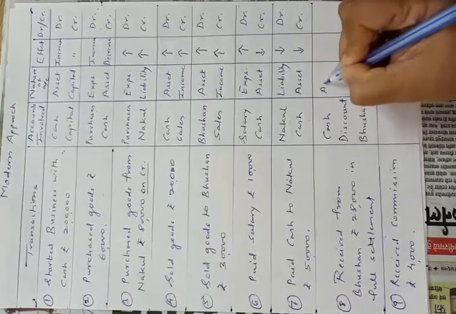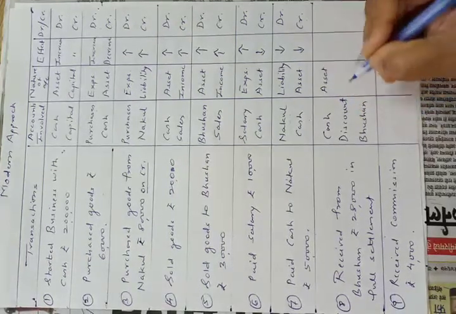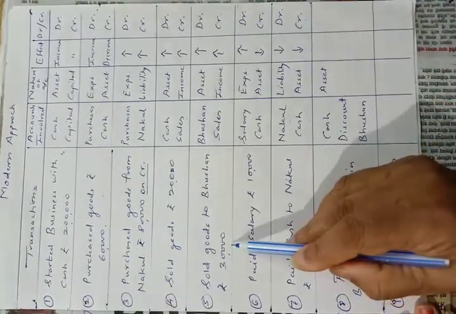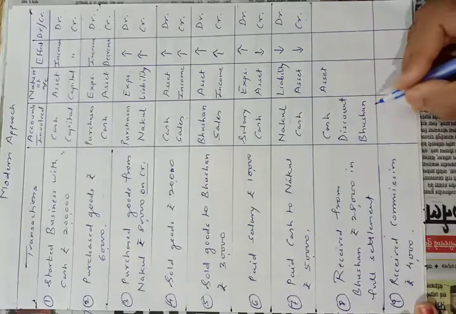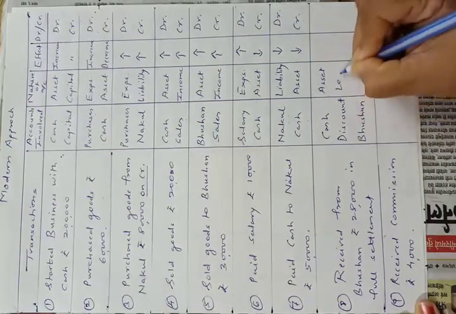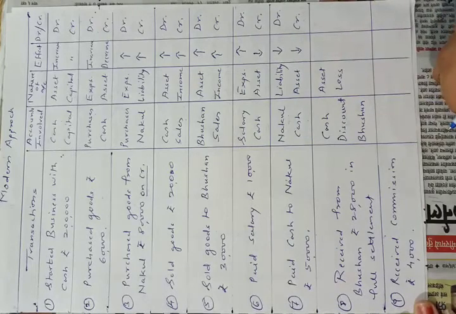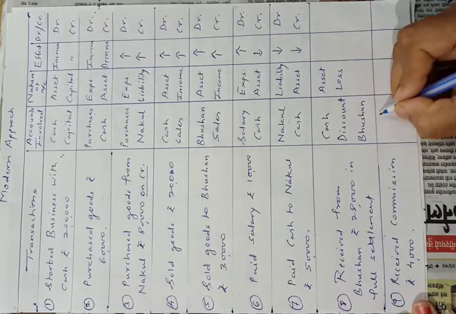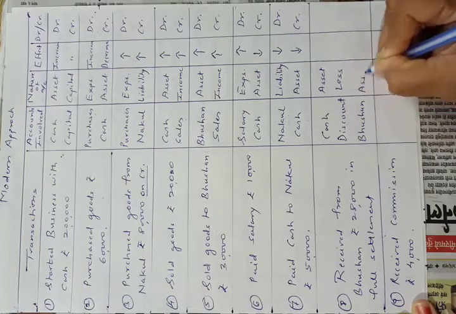Now cash is our asset. Discount: as we are receiving rupees 28,000 only instead of this rupees 30,000, this 2,000 rupees discount given to Bhushan will be our loss. So loss. And now Bhushan was our debtor, that is our asset.